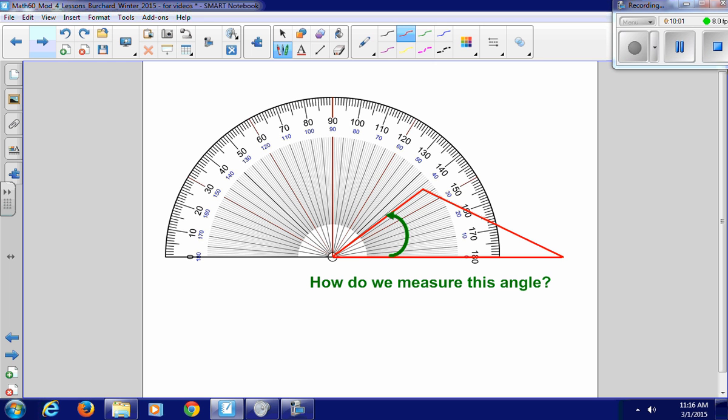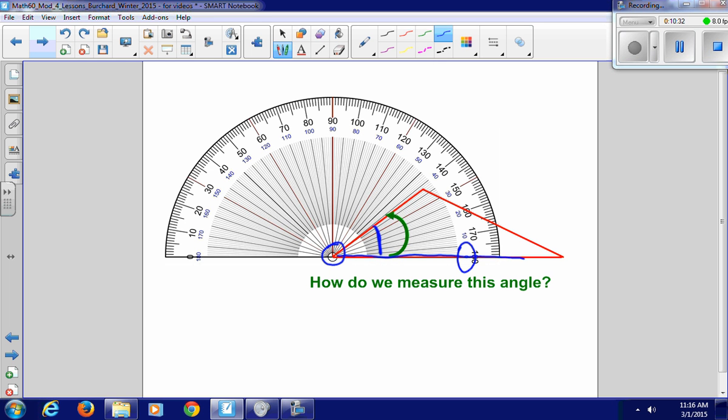So what we're going to do to measure an angle like that is first do the same things we've been talking about. We're trying to measure this angle here. So we line the vertex for that angle up with the crosshairs on the protractor. And then we line this line of the angle up along, well, I just crossed it out, but there's a 0 right there on the inner scale.